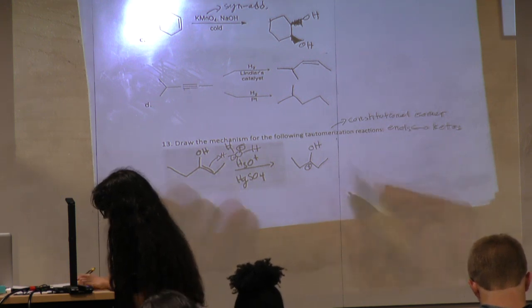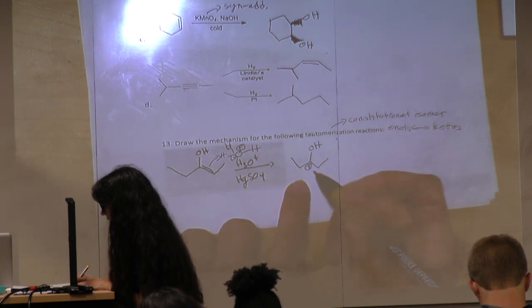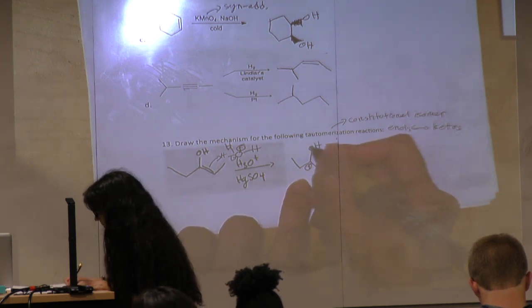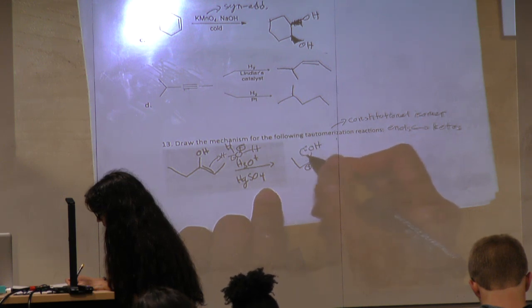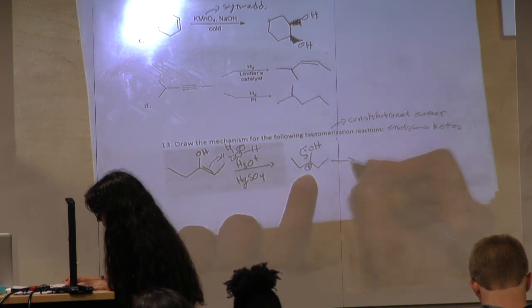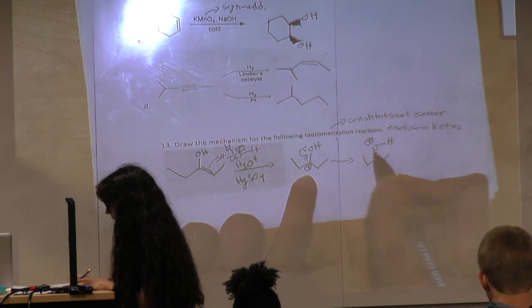And what's going to happen now is an oxygen with a positive charge is way more stable than a carbon with a positive charge. So this has resonance capability. It's going to stabilize that carbocation and form a double bond right there. But now because this oxygen has 3 bonds, it's going to have that positive 1 charge.